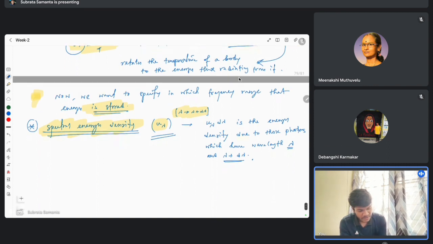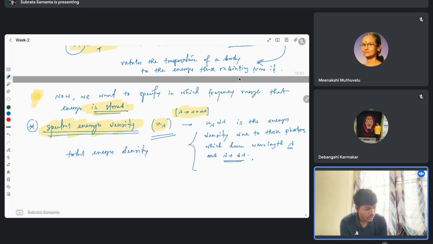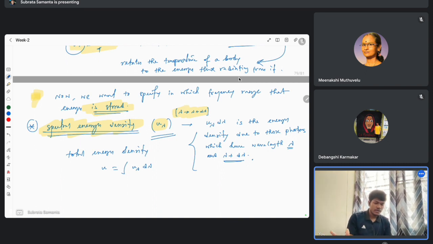So the total energy density u: how to write it? Integrate u lambda d lambda over all range of lambda, and that gives the total energy density. So this just splits the total energy density into parts from different ranges, and that is called the spectral energy density.